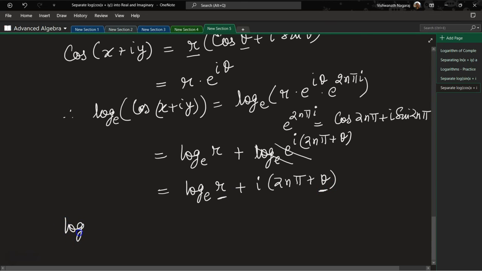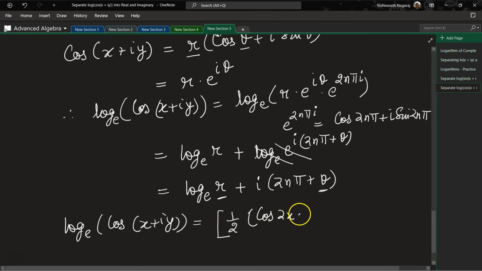So we end up with log e of cos of x plus iy is equal to log e of r, which is 1 by 2 times cos 2x plus hyperbolic cos 2y to the power of 1 by 2.